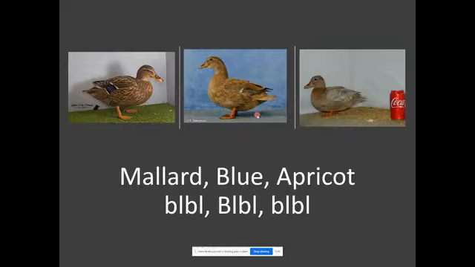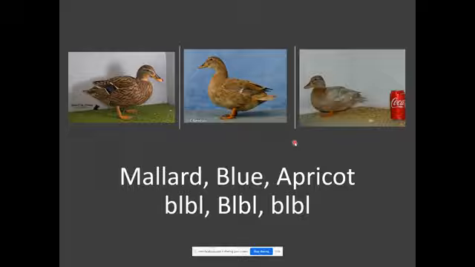When we have a blue or blue fawn here, we have one copy of blue and one copy of not blue or black. And then we have a form of apricot, and there are various ways that other genes can interact in the sort of apricot series. But basically that splashed bird, so the two copies of the blue, in this mallard type bird becomes what we would call apricot.